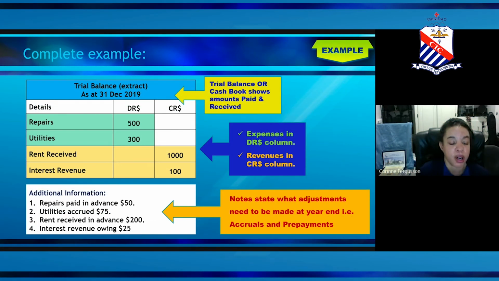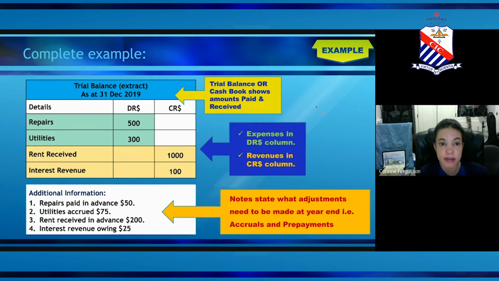All right, so additional information, we make it real easy for you, is either accrual or prepayment. So we have no incurred in there already for you that you have to work out 12 months or whatever. It's either an accrual or a prepayment. So that is where you would find that information in the notes down below, or the additional information that will tell you what has been accrued or what has been prepaid, if any.